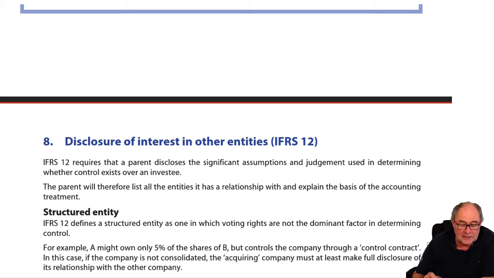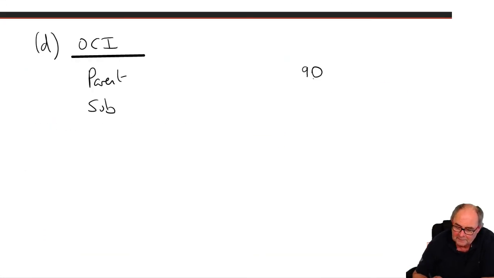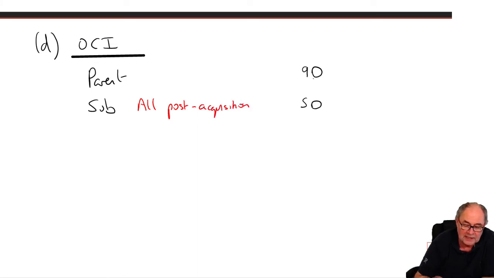Yeah, in the printed answer, I've done exactly the same. I've pushed it through as 50. But I'm just putting there, assume that's all post-acquisition. I often see inconsistencies in the way that companies book that, so I can't get too excited, but that's what I'm going to go for.